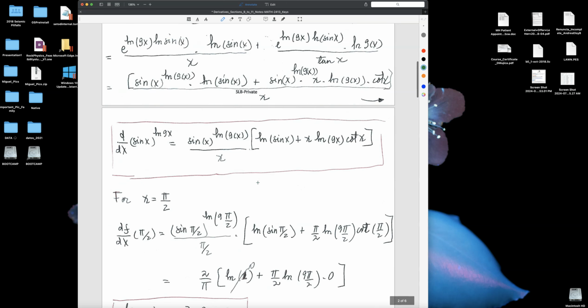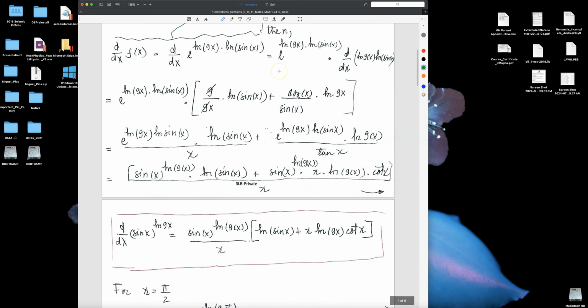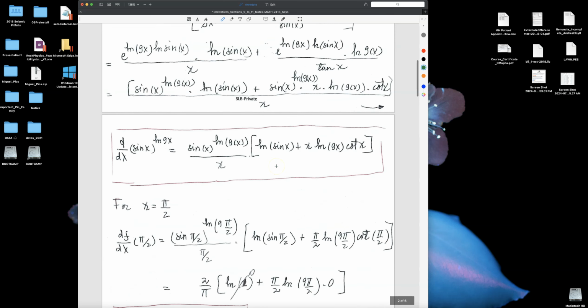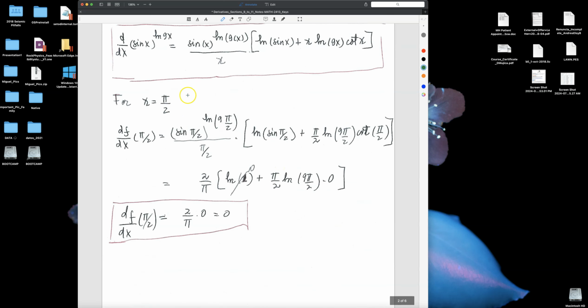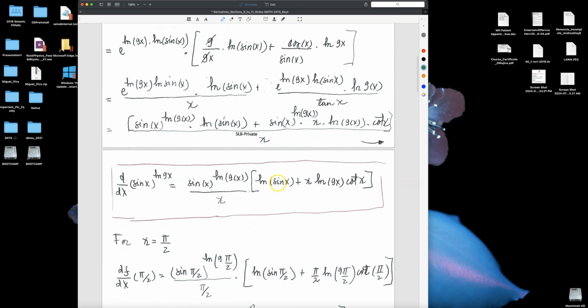You compute that derivative, and at the end, the expression that you're going to get is this one that you see over here. You need to make the simplification, but I'm not going to go through that because that part is very easy. The second part is just to evaluate the derivative at x equal to pi over 2. And that's it. Perfect. Well, thank you.